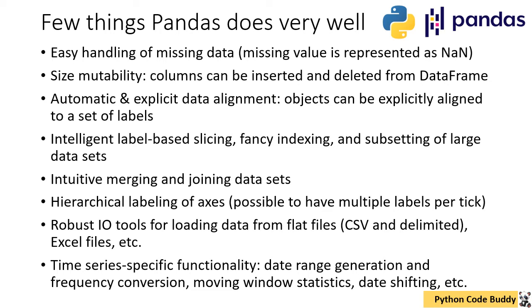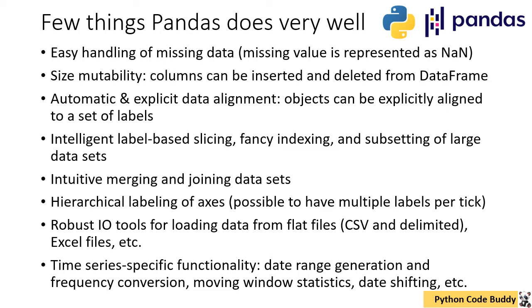And then you have automatic and explicit data alignment, where objects can be explicitly aligned to a set of labels. This is also important when doing various analysis and operations with data tables, which we will see in this tutorial and other tutorials when we go forward in this subject.